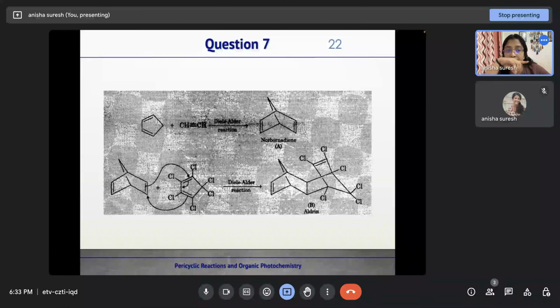So first norbornadiene will be forming by reaction of cyclopentadiene and acetylene, and this norbornadiene will be acting as the dienophile and this hexachlorocyclopentadiene will be acting as the diene in this case, and we will get this aldrin. So I hope the mechanism is clear.